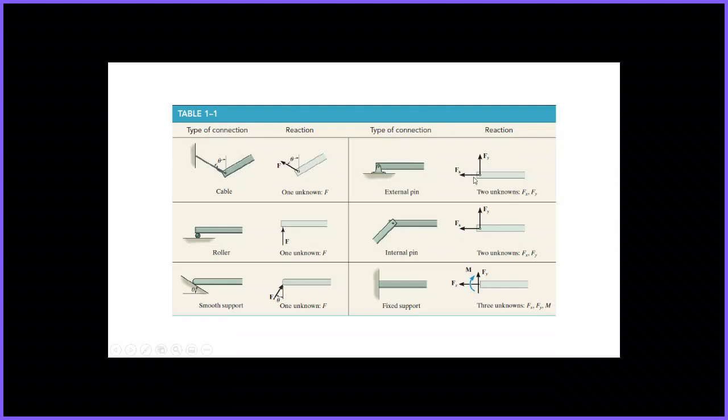An external pin has two reaction forces, one in the horizontal direction and another in the vertical direction. The roller has only one reaction force, and this is in the vertical direction. I'm going to draw these reaction forces along with my loads.